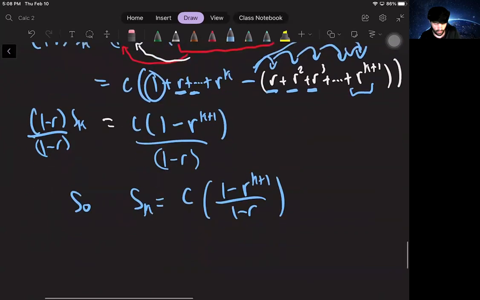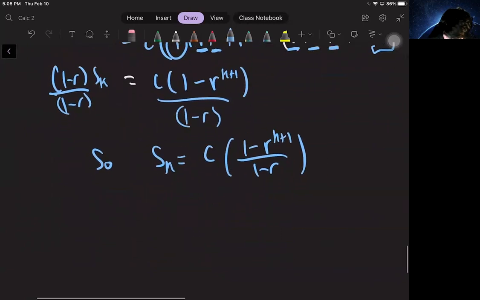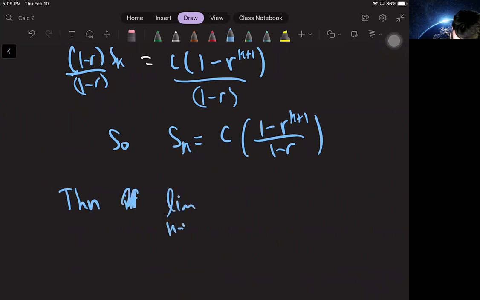And once you have your formula for Sk, that's how you find the sum of the series, by taking the limit of this thing. So let's do that. So then let's take the limit as k goes to infinity.